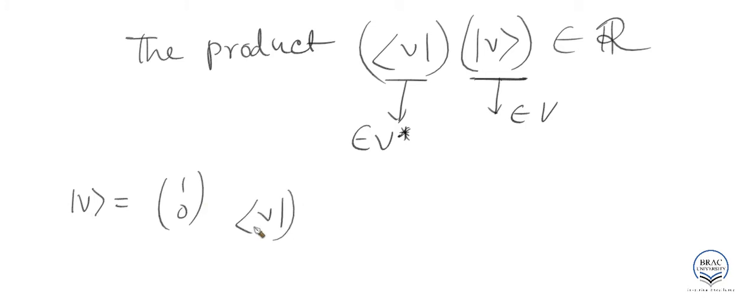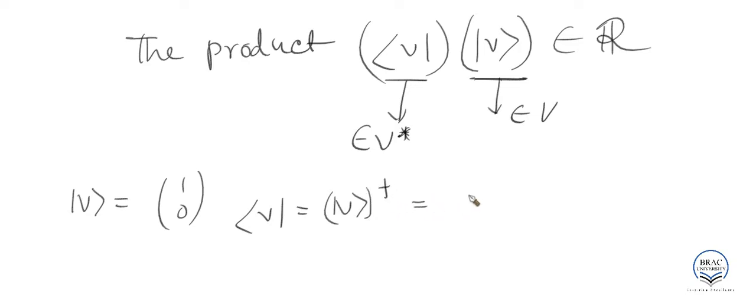So this will be a row matrix, right? And this will be obtained via the adjoint operation or the dagger operation.